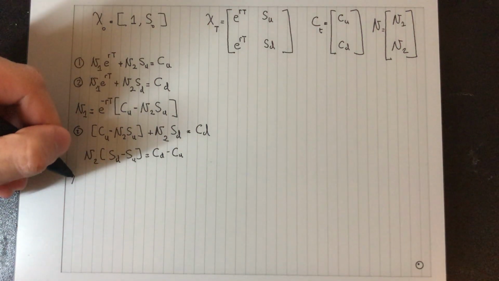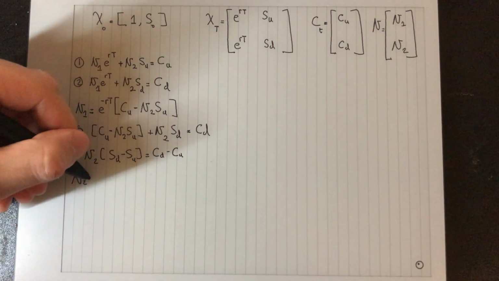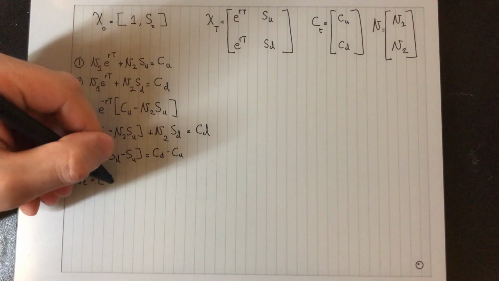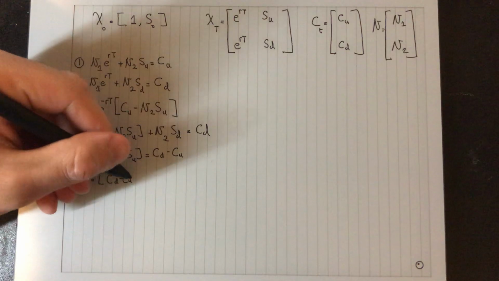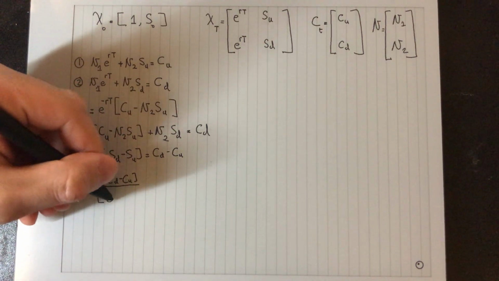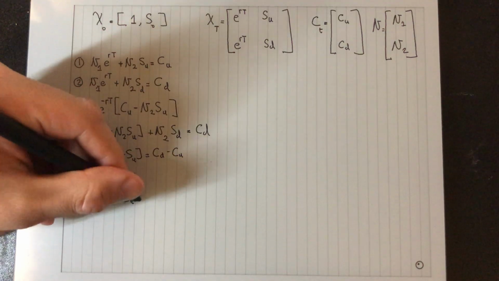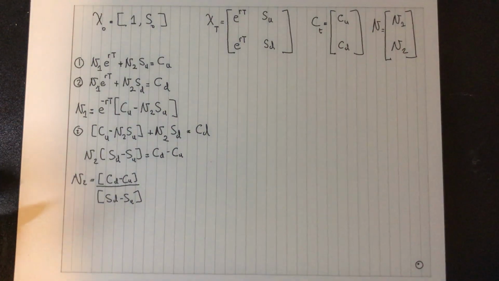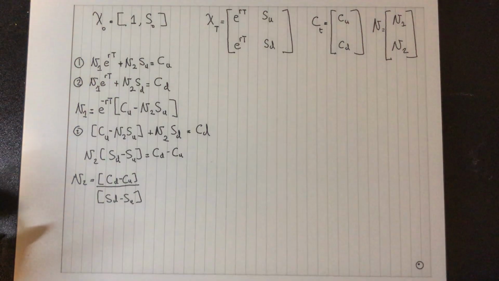Therefore, N2 is equal to (C_D minus C_U) divided by (S_D minus S_U). So this is the value of N2.